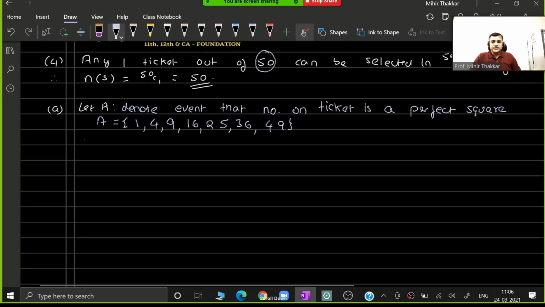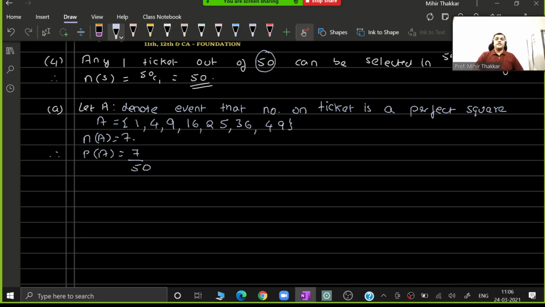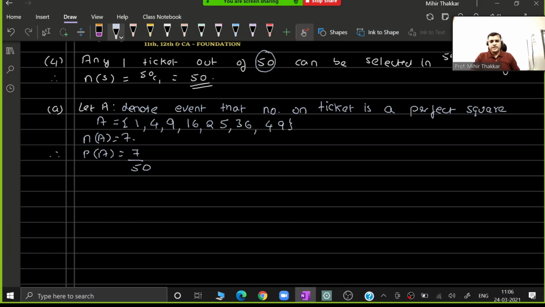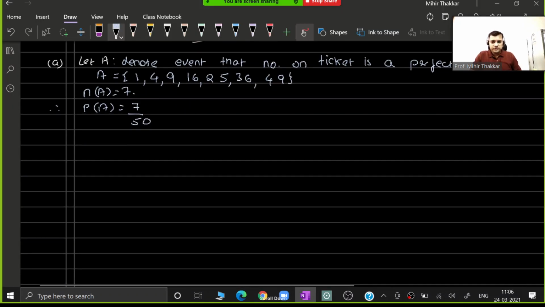So I can see that N of A is equal to 7 and therefore P of A is N of A upon N of S, which in this case is 7 upon 50. What was event B over there? Event B was that the number is divisible by 4.